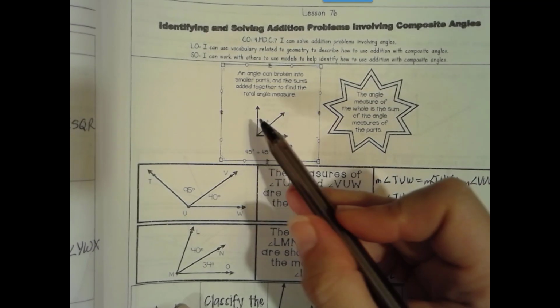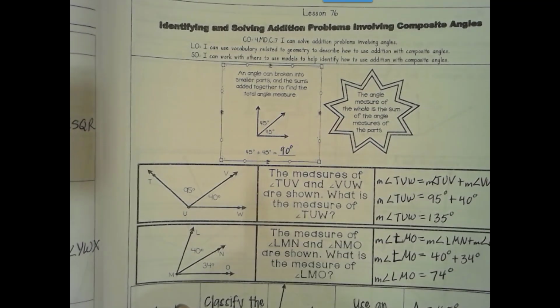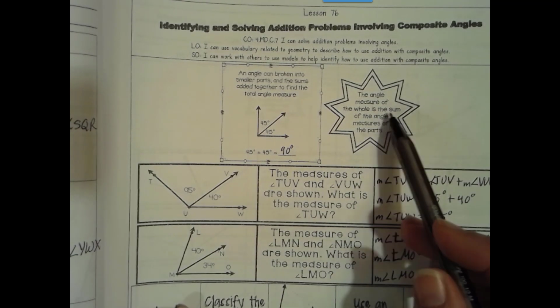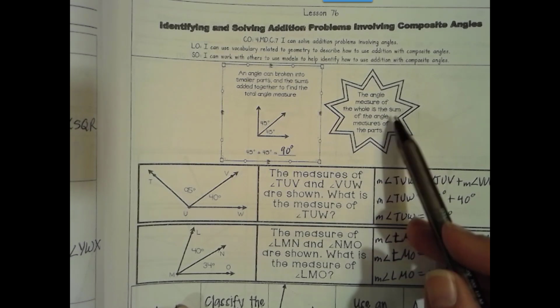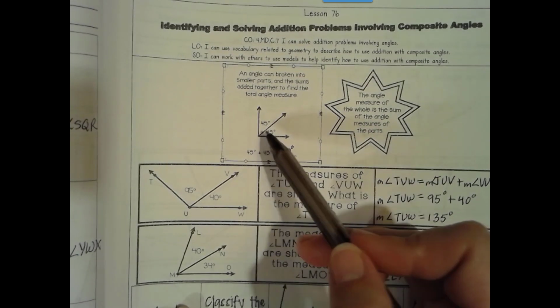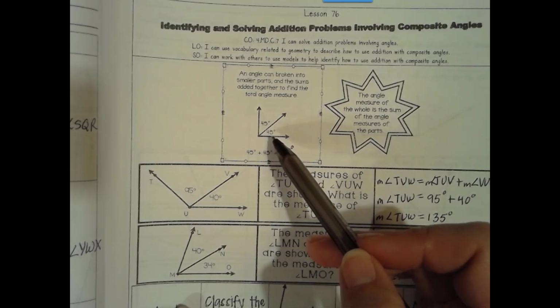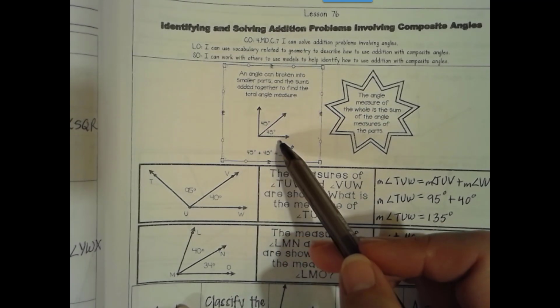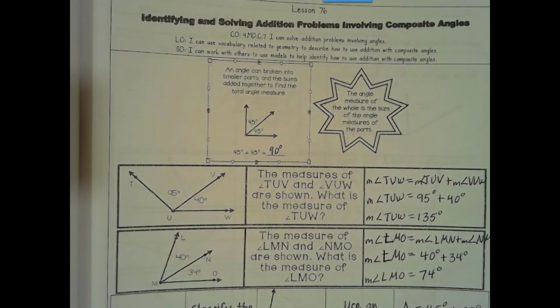So when you break a right angle into two equal parts, they're both 45 degrees. The angle measure of the whole is the sum of the angle measures of the parts. So the composite angle is the sum, or you add the two parts together. All right, let's do some more with our 3-column notes.